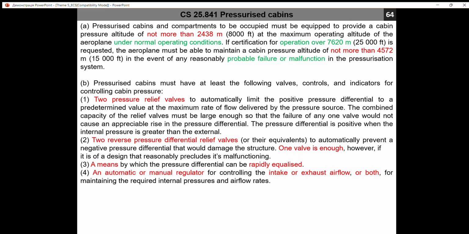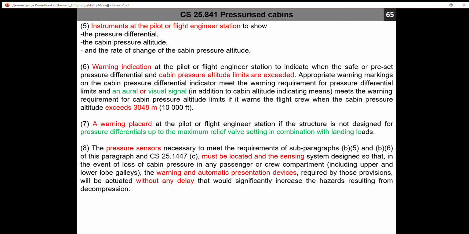And we need an automatic or manual regulator for controlling intake or exhaust airflow, or both, because the balance between incoming and outgoing air provides a necessary level of pressure on board. So we need, for monitoring of these parameters, a pressure differential indicator. It shows us the difference between the pressure in the cabin and outside.